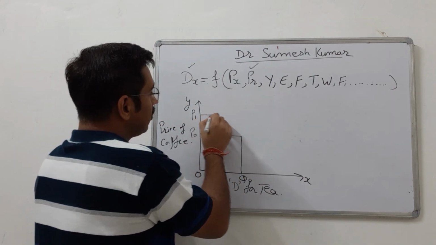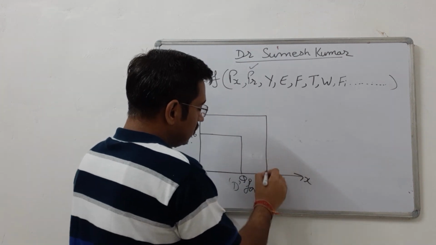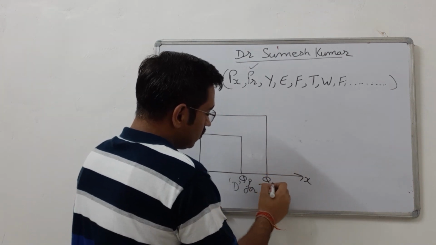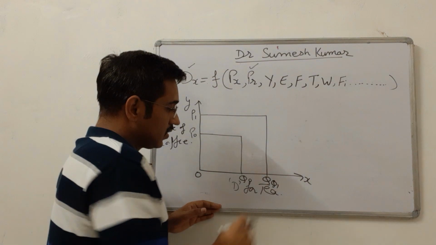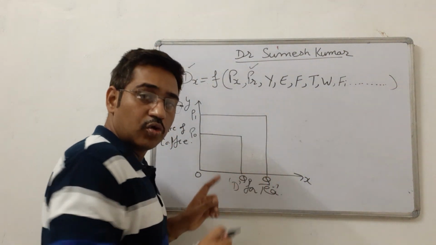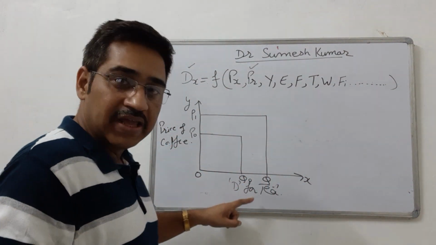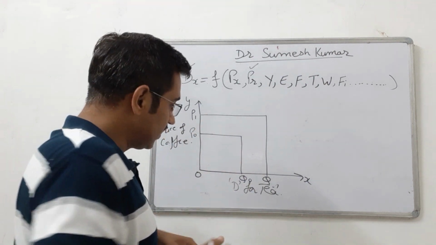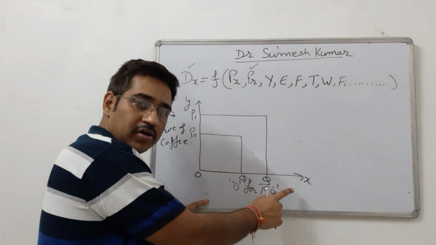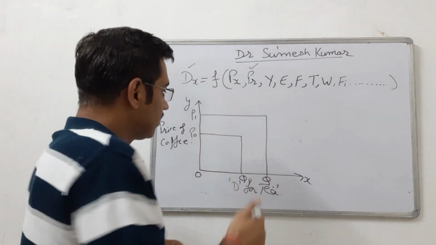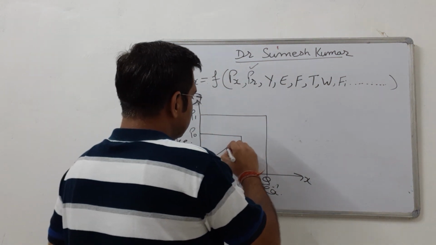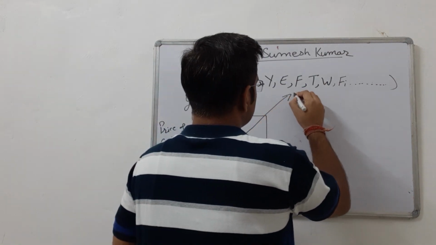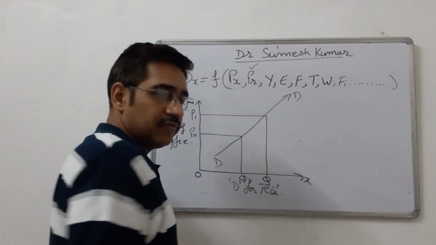So demand for tea will go up from OQ0 to OQ1. There is no change in the price of tea. Because there is a change in the price of its related commodity, the demand for tea is going up. So our demand curve will be like this in this case. This is DD, our demand curve.